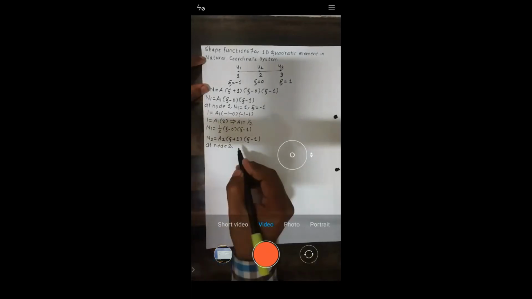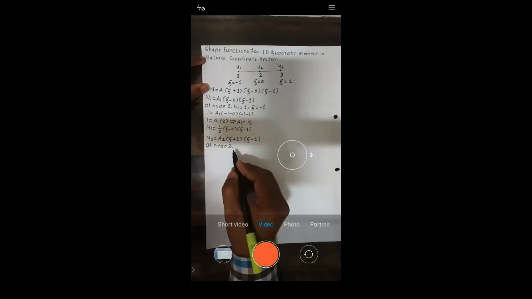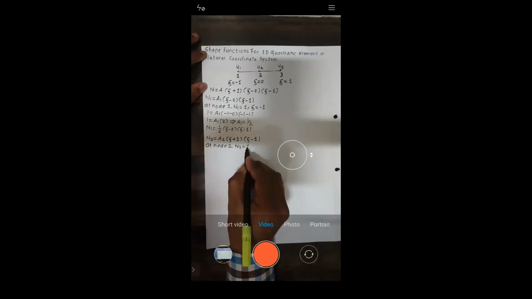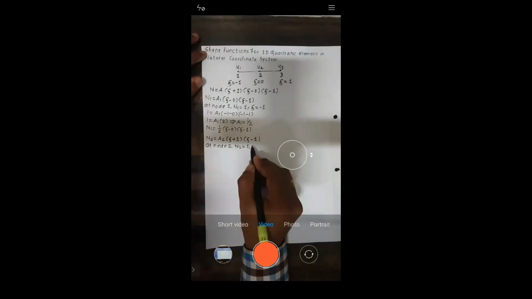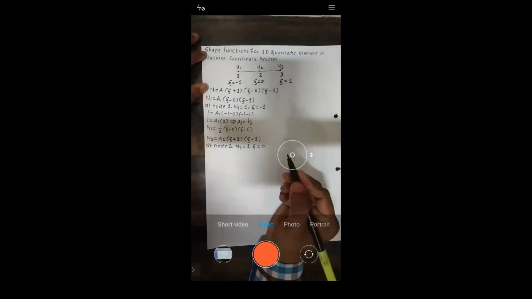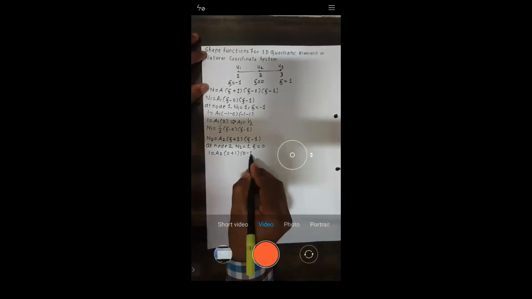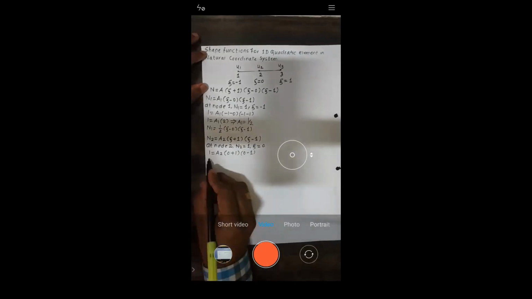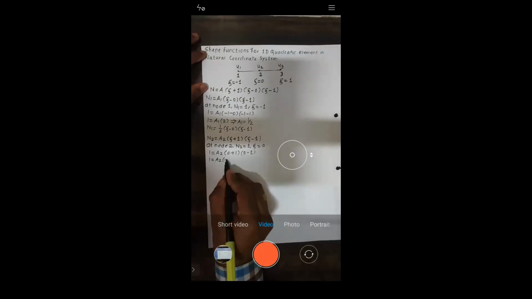So at node 2, what is the value of N2? 1. What is the value of zeta? 0. Put that value. So 1 is equal to A2 into (0 plus 1) and (0 minus 1). 0 plus 1 is 1 and this is minus 1, so you'll get minus 1.